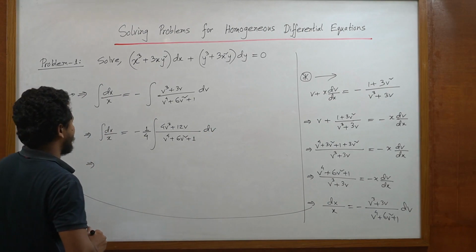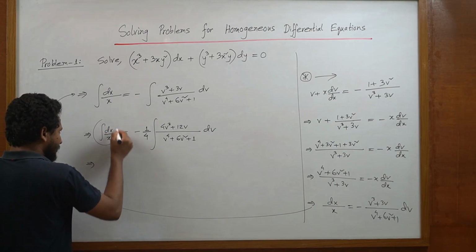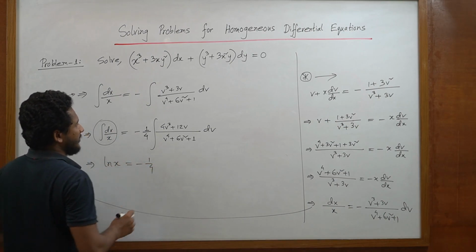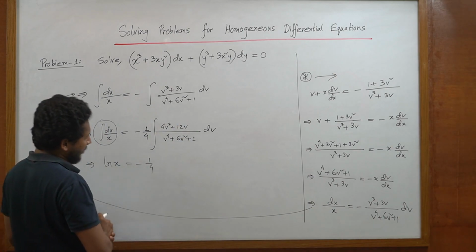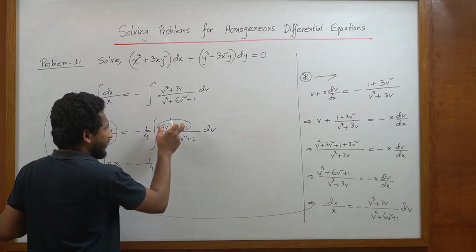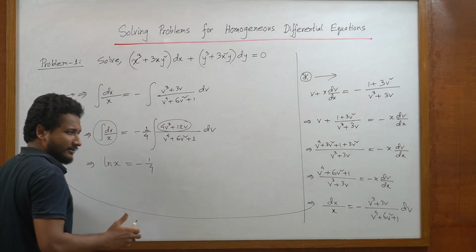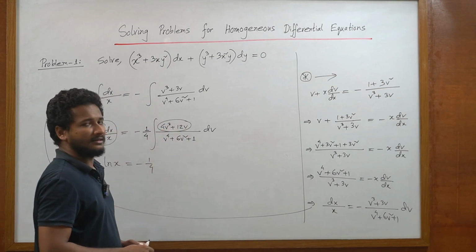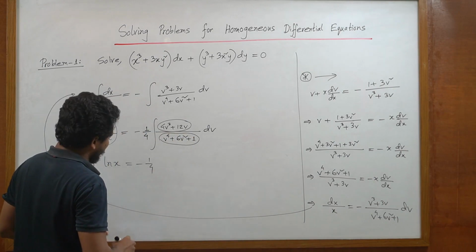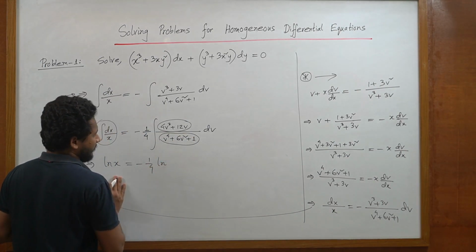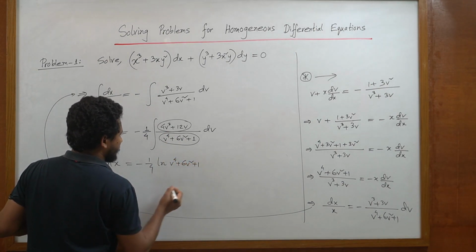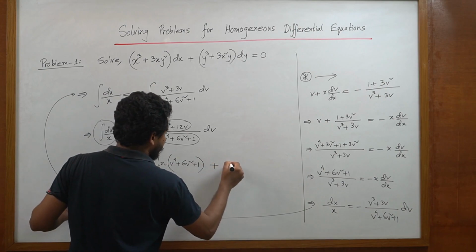Now this integral: ln x = −1/4 times this integral, where the numerator is directly the derivative of the denominator. So we will get ln(v⁴ + 6v² + 1) plus some constant.